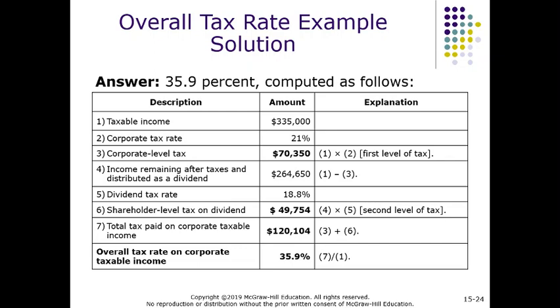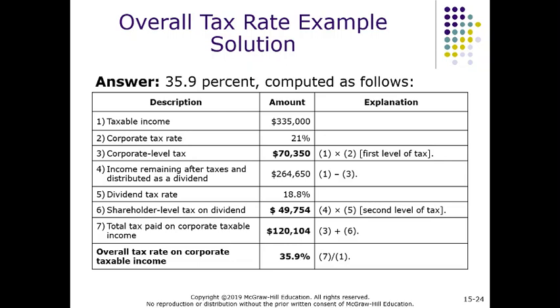So she's going to pay 49,754. So you take the line 3 figure of 70,350, add it to the 49,754, and you get that sum on line 7 of 120,104.